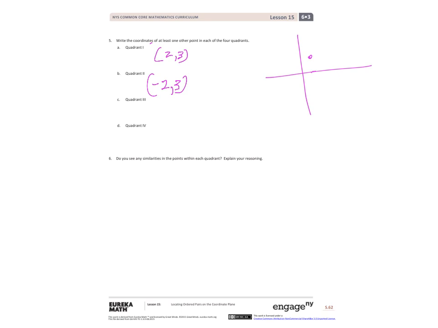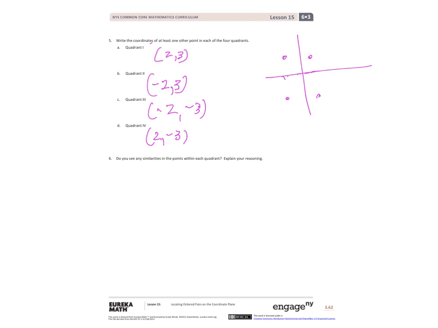So I'm over negative 2, up 3. Then quadrant 3, I'm going to go negative and negative. So negative 2, negative 3. And then quadrant 4 is going to be positive 2, negative 3. I'd be down here. You can use any ordered pair. They just need to be positive, positive; negative, positive; negative, negative; or positive, negative for the different quadrants.